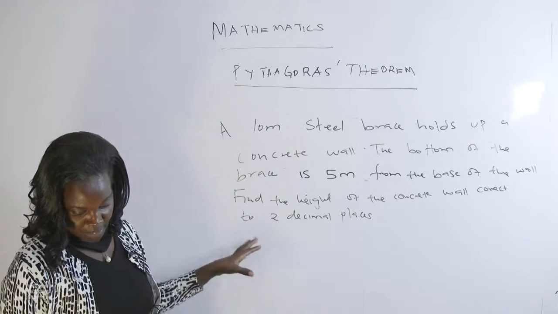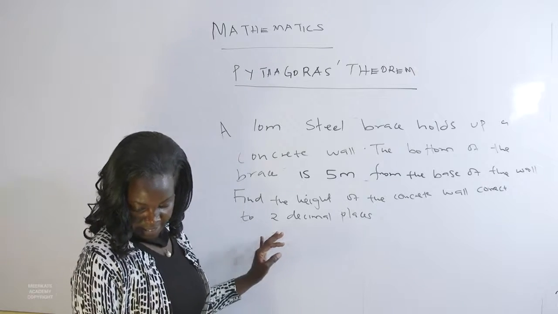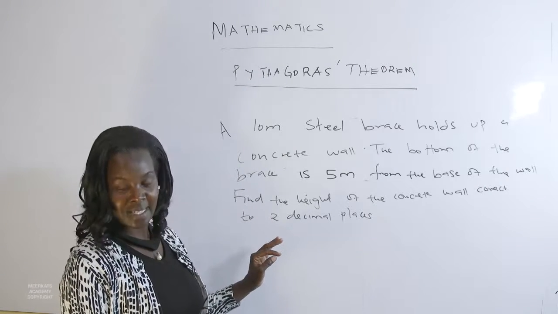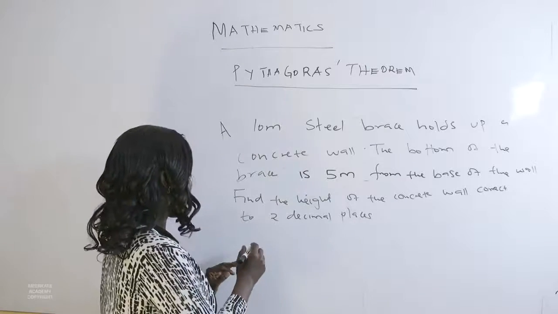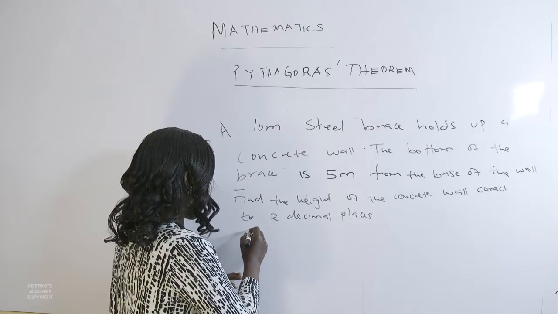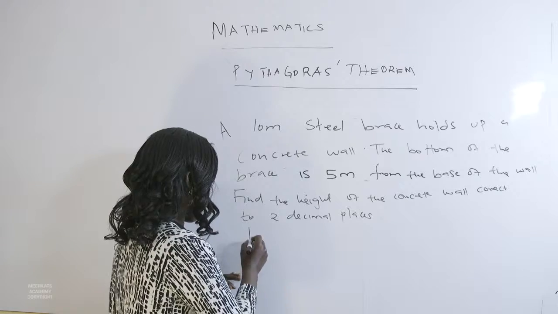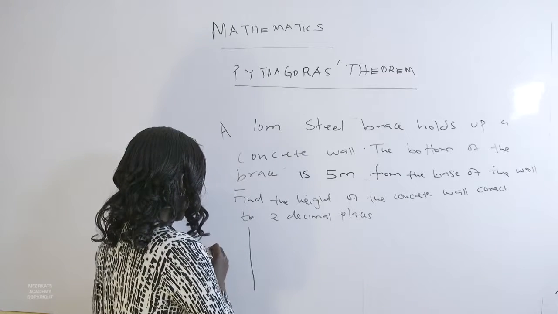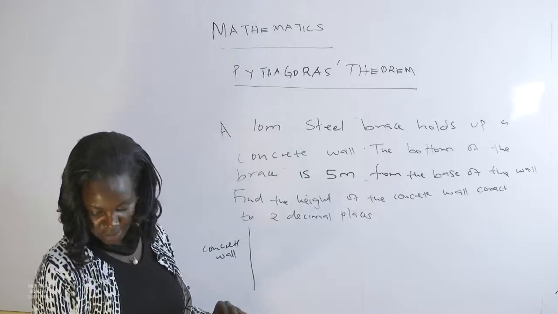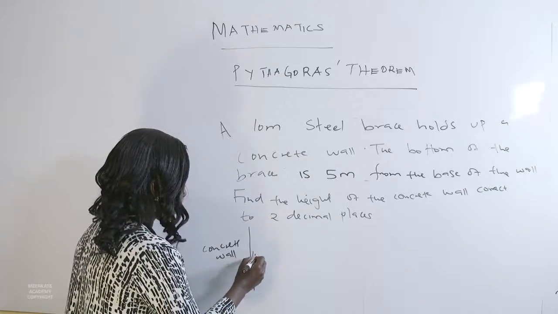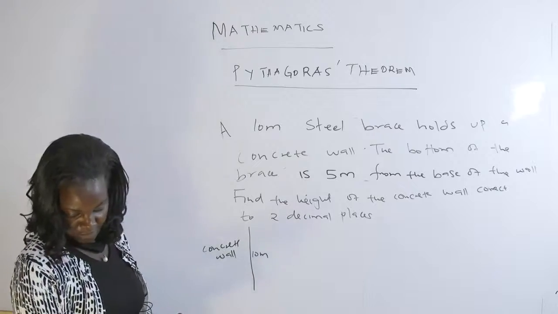So we are told a 10-meter steel brace holds up a concrete wall. So we have a concrete wall. Then we have the brace.